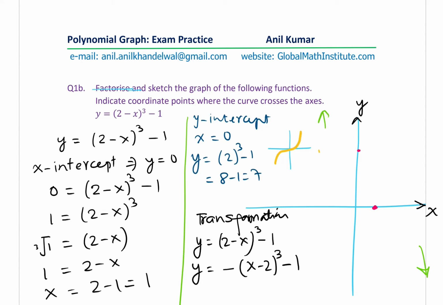The point which was at the origin has been translated 2 units right and 1 unit down. So that point, which is the saddle point, has been translated to somewhere there. You get the idea, right? So basically the graph is coming down from here and then going like this. Perfect. That is how it is going to be. And this is the saddle point, which is at (2, minus 1).